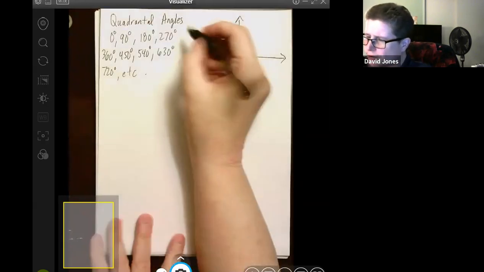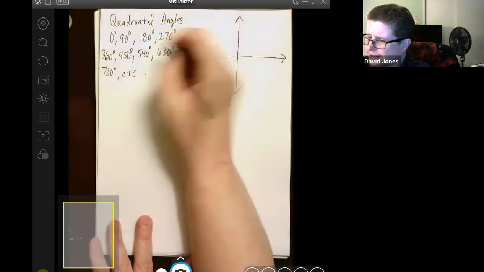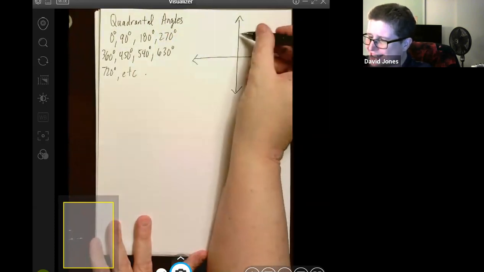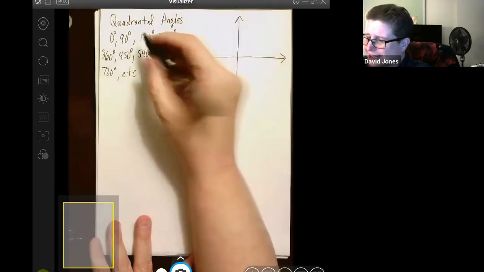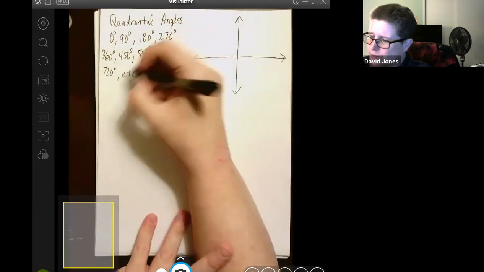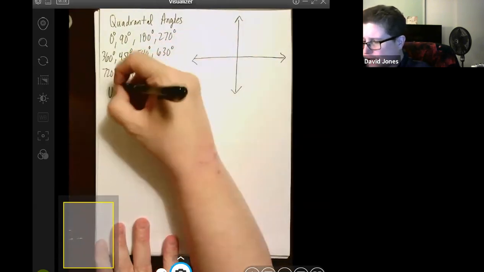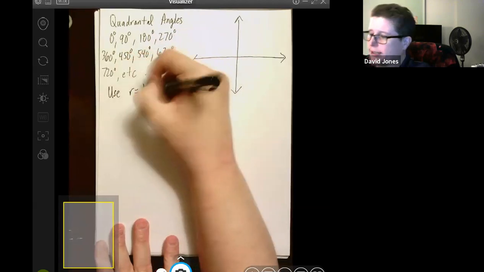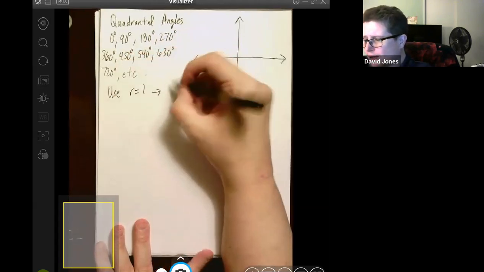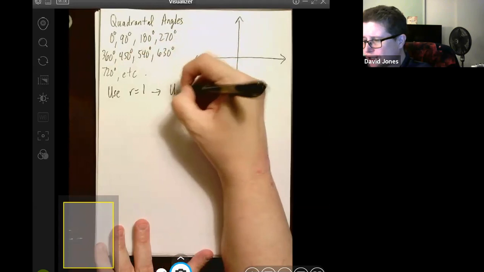When you're doing the quadrantal angles, it doesn't matter if I go out 10 or I go out 5. We can reduce all of it to just 1. Use r equals 1. When r equals 1, this is called the unit circle.